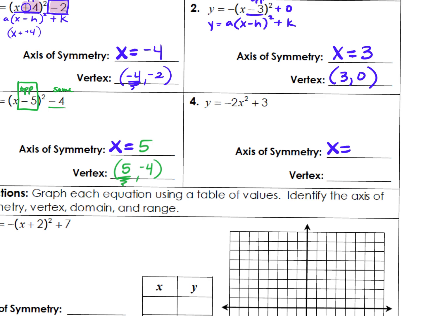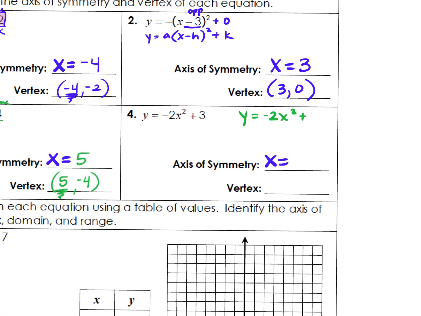Number 4 looks goofy. You could say this one is in standard form. If you treat this like standard form, y equals negative 2x squared plus 0x plus 3, right? That's standard form where this is a 0. But you could also treat this like vertex form. If we treat it like vertex form, this is still your a.